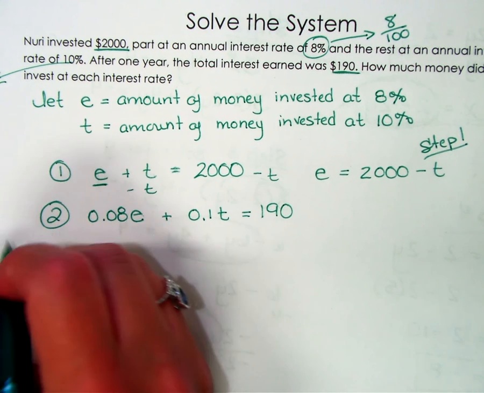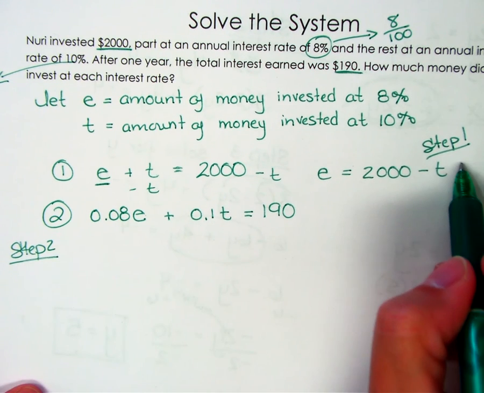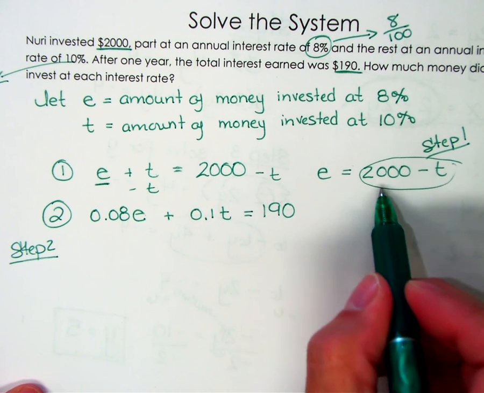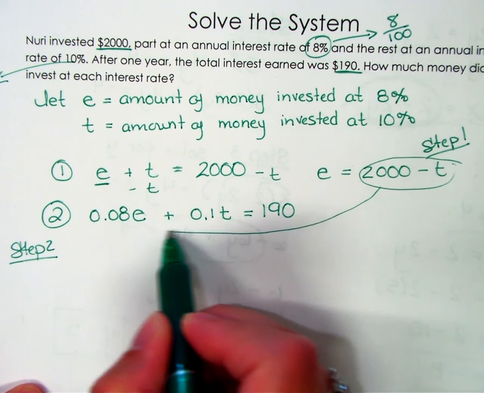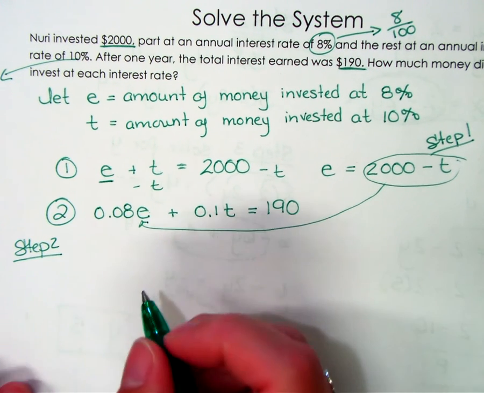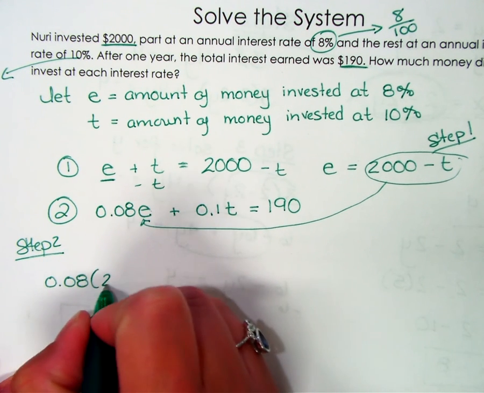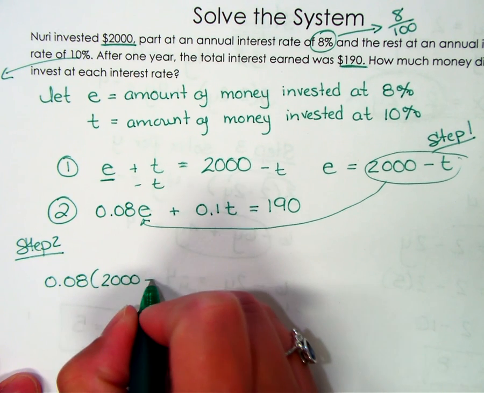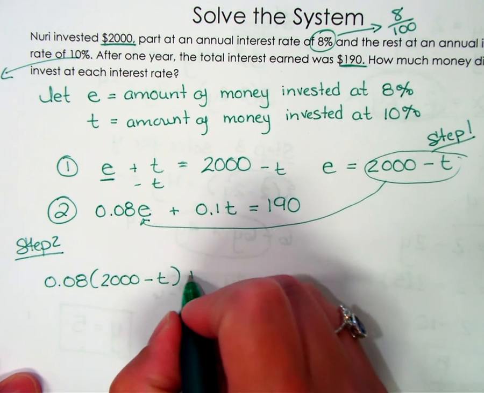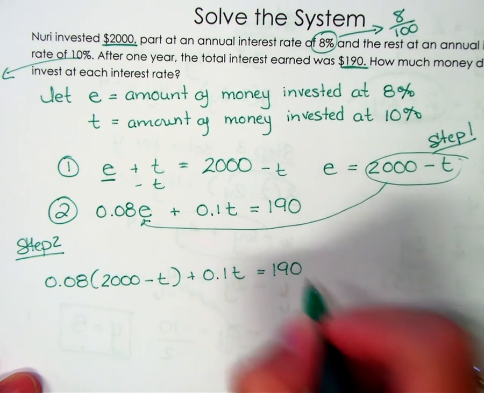Step 2 is taking this part of the equation and we're going to substitute it in where we see E. So we're going to have 0.08 times 2,000 minus T plus 0.1 T equals 190.